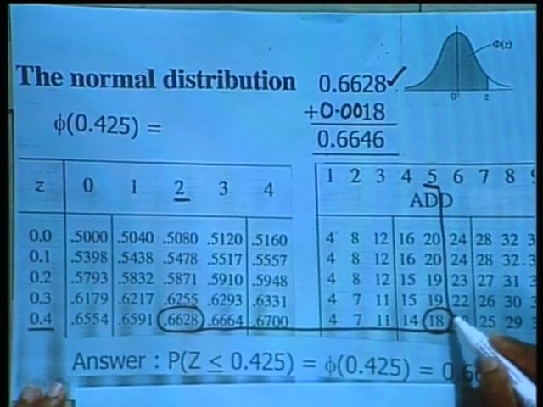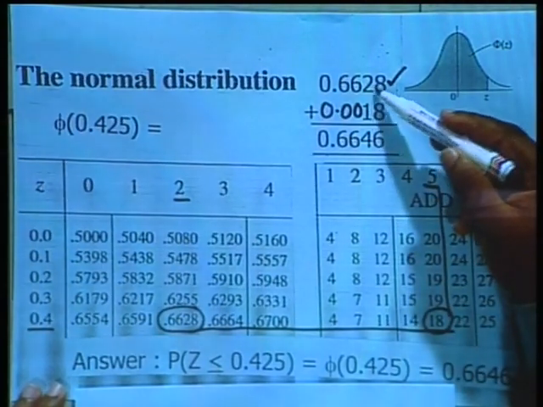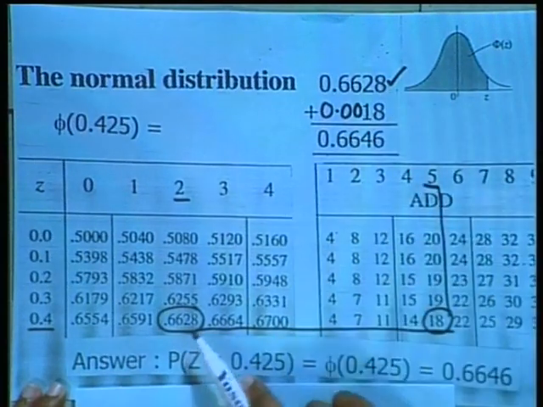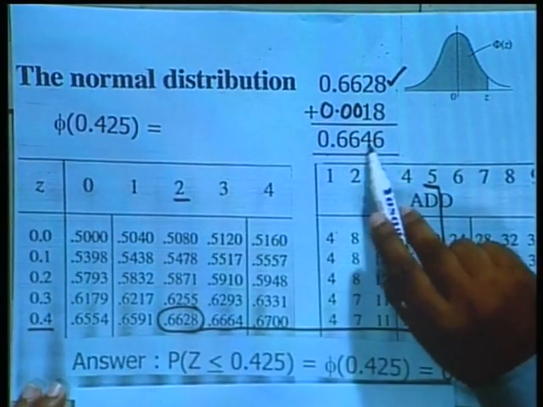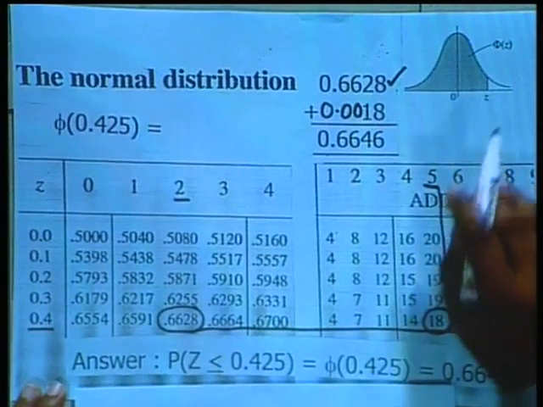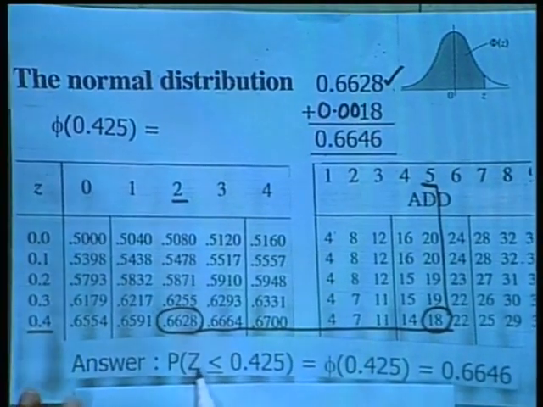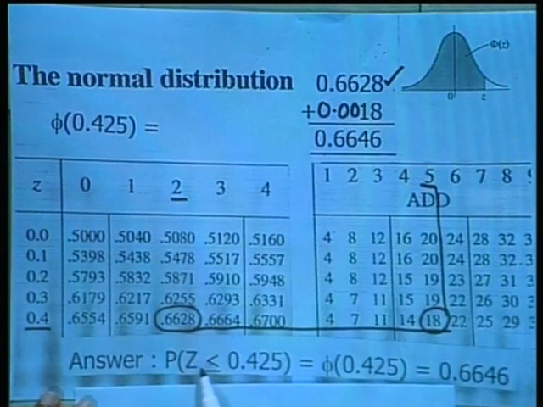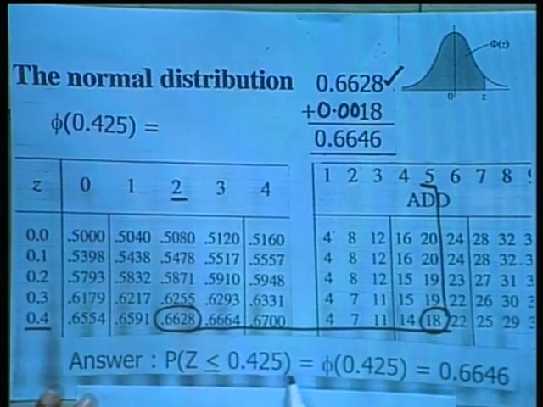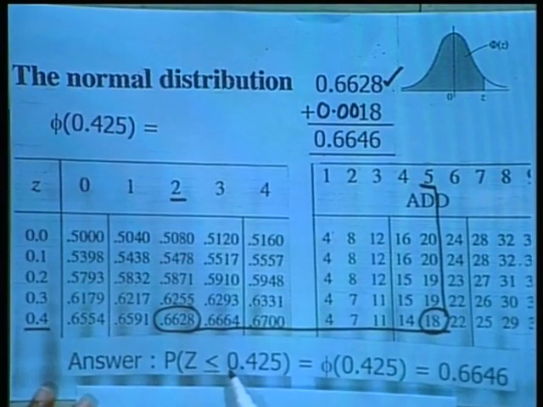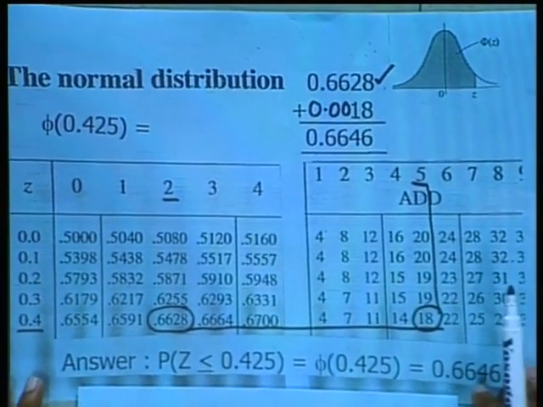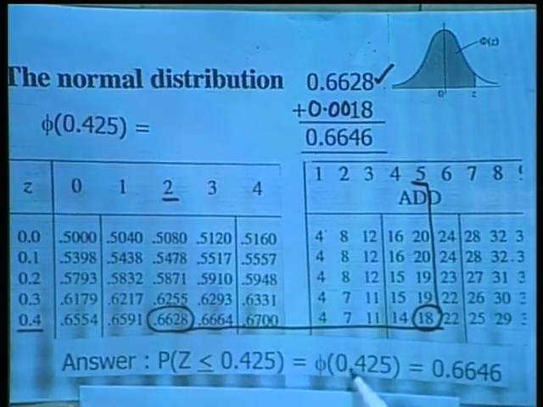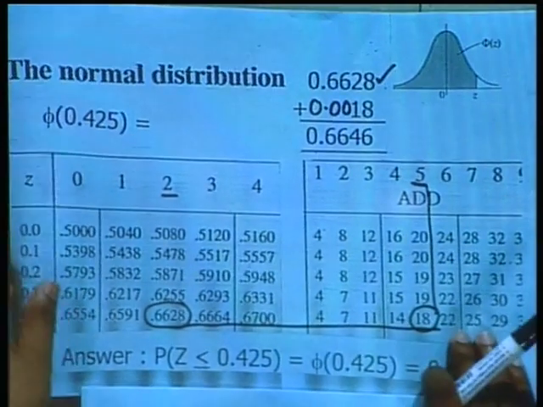We take this value and add it to the last digit in the value of phi obtained in order to obtain 0.6646. Remember that phi represents the probability that z is less than or equal to 0.425. So the probability that z is less than or equal to 0.425 is phi of 0.425, which is equal to 0.6646.